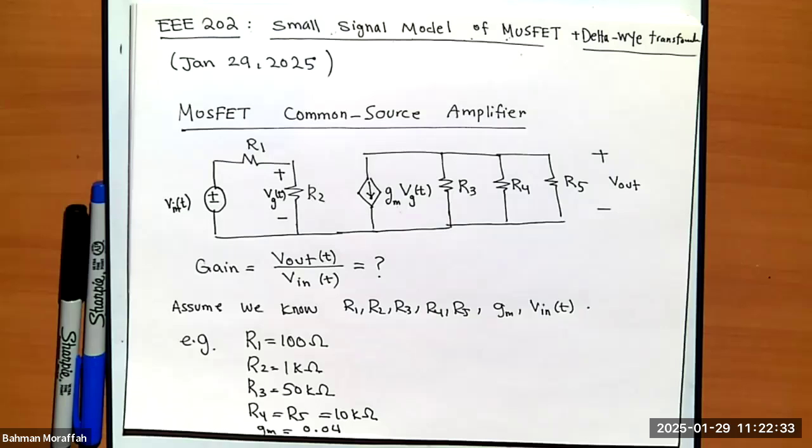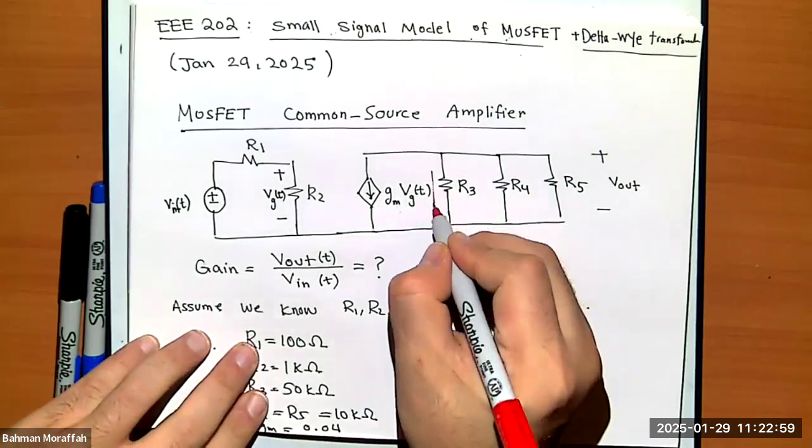What else do we know about R2, R3, R4, and R5? Since they're in parallel, if the voltage across R5 is V out, the voltage across R3 and R4 must be V out too. And also, if I replace them by their equivalent, the voltage across the equivalent would still be V out. Right? So let's do that.